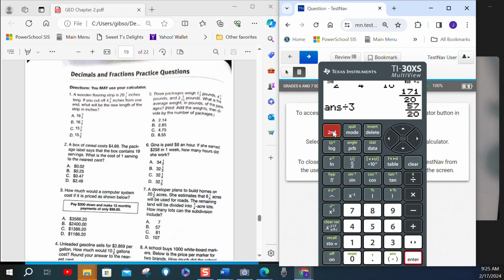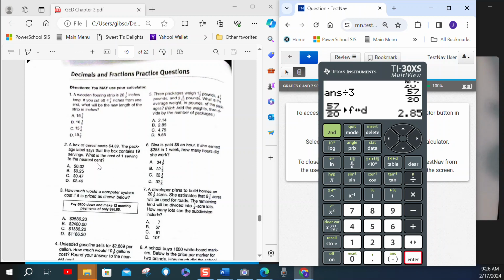So we'll press second, this table key, and press enter. And it gives us 2.85, which is B. Now, if you want to, you can rewind this to go back over this problem. And I did make a mistake by saying this was problem number 2. This is actually problem number 5, not 2. So just for clarity's sake.